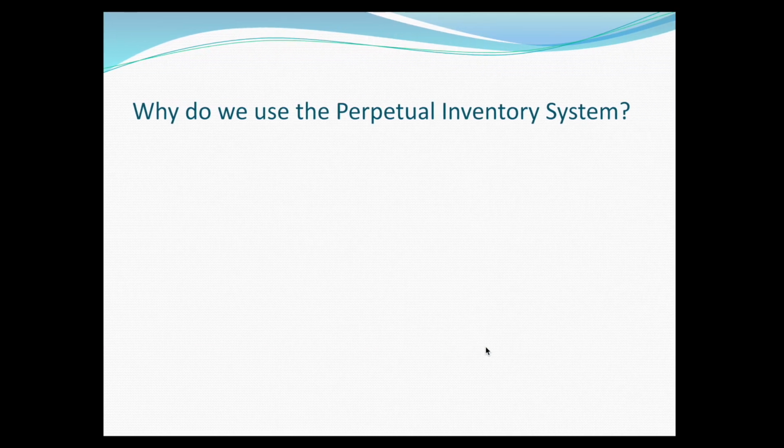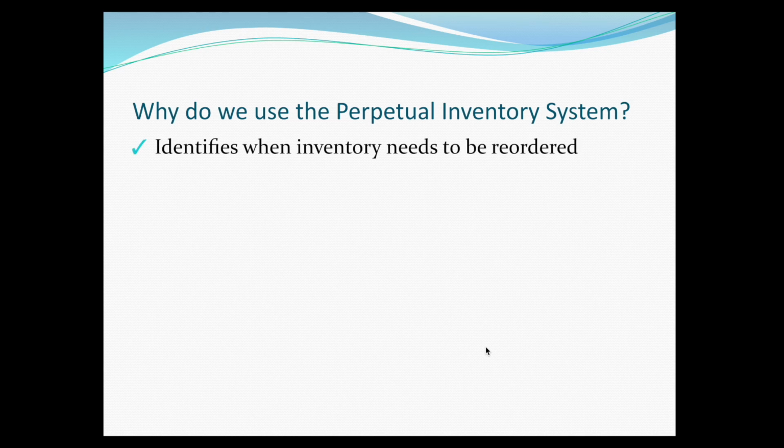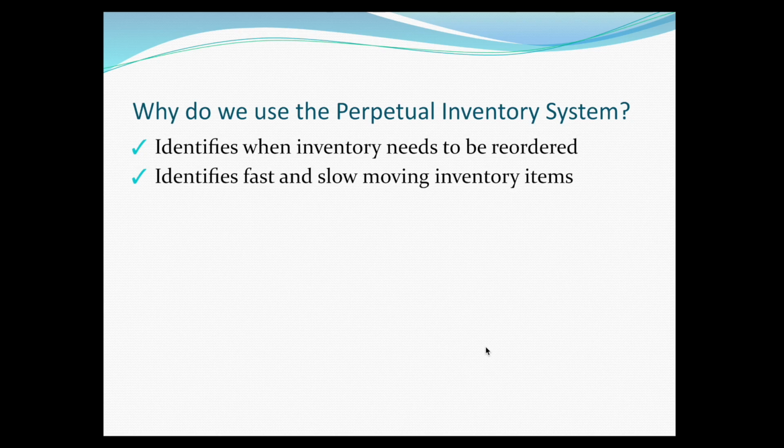So now, why do we use a perpetual inventory system? It identifies when inventory needs to be reordered, and it identifies fast and slow moving inventory items. Inventory gains and losses can be detected. Like we said, on an inventory card, you can detect an inventory loss or gain.